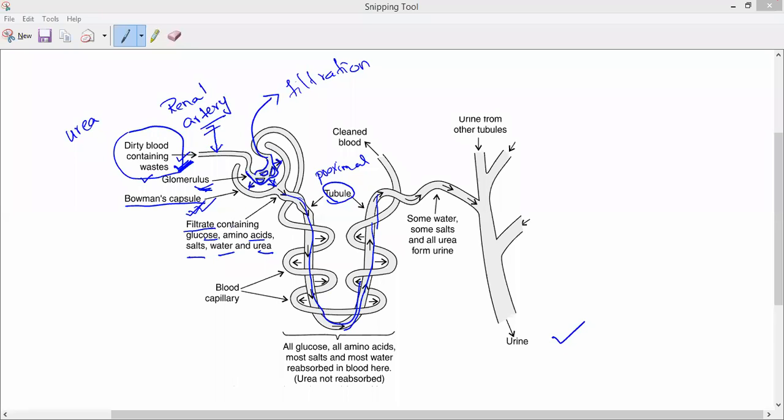It has been observed that the filtrate containing glucose, amino acids, urea, salts, water, etc. passes into the lower part of Bowman's capsule. That is what we should call the tubule or proximal tubule.